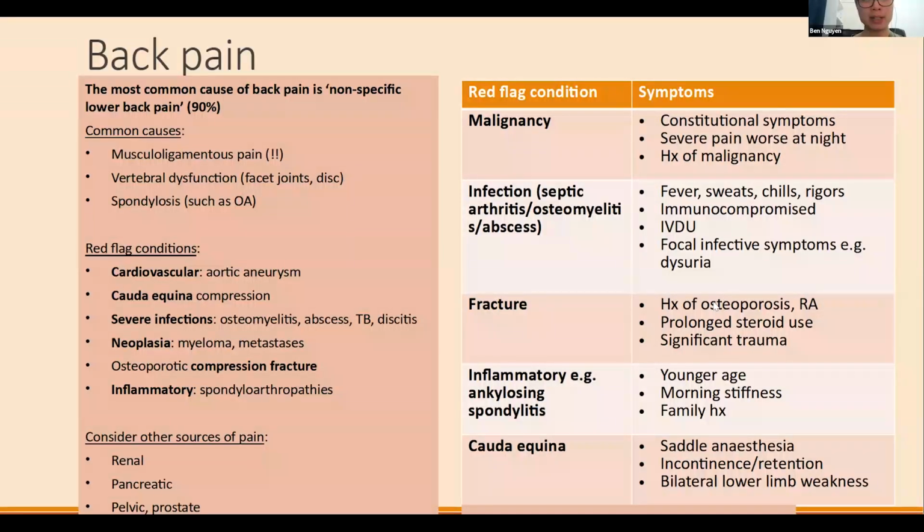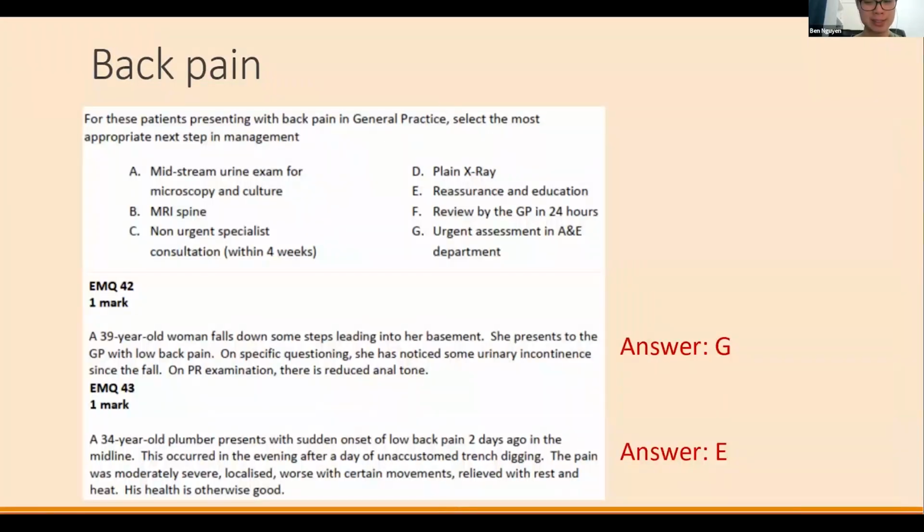There's a long list of them, but it'd be more helpful for me to consider what isn't a red flag. Severe pain with a trigger isn't a red flag. In this case, they've got a clear precipitant of unaccustomed trench digging. So it's pretty likely that that's going to be the cause of the pain. Because you know the cause of the pain, you probably don't need to investigate.